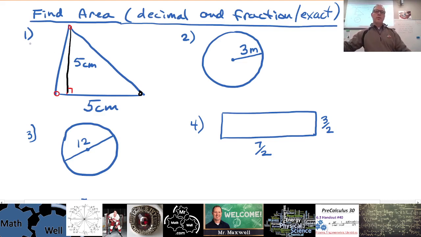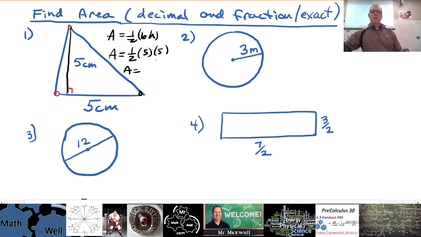So for number 1, I'll do this in the black here. So the area of this triangle is going to be 1/2 base times height, okay? So we've got, and you tell me if this looks right, 1/2 of the base, which is 5, and the height of the triangle is 5 as well. So that area is going to be 1/2 of 25, or 12.5 centimeters what?